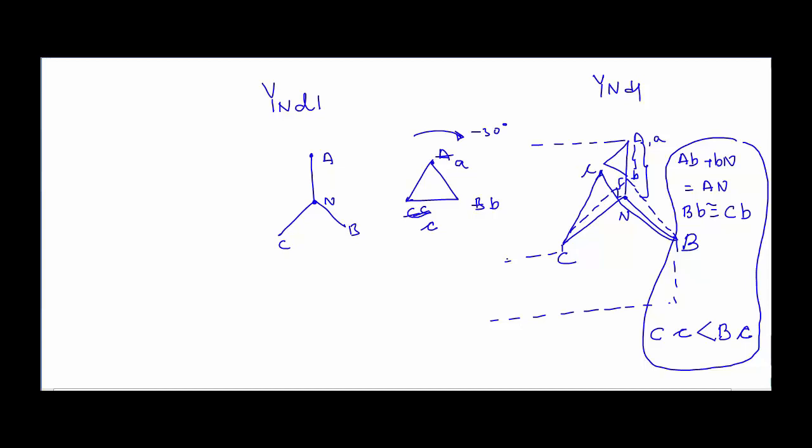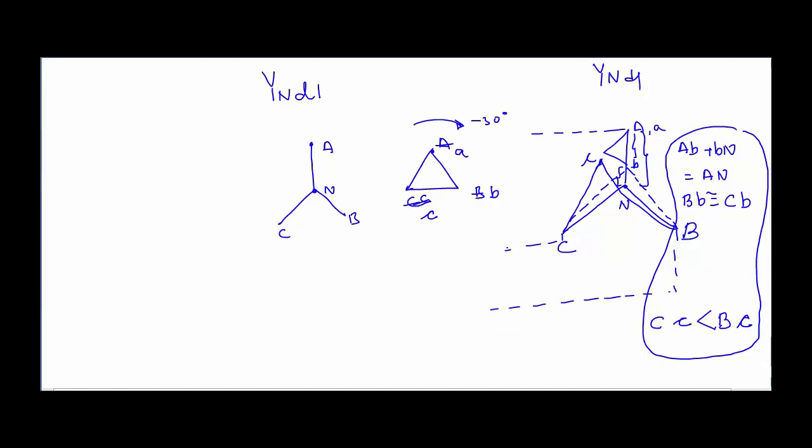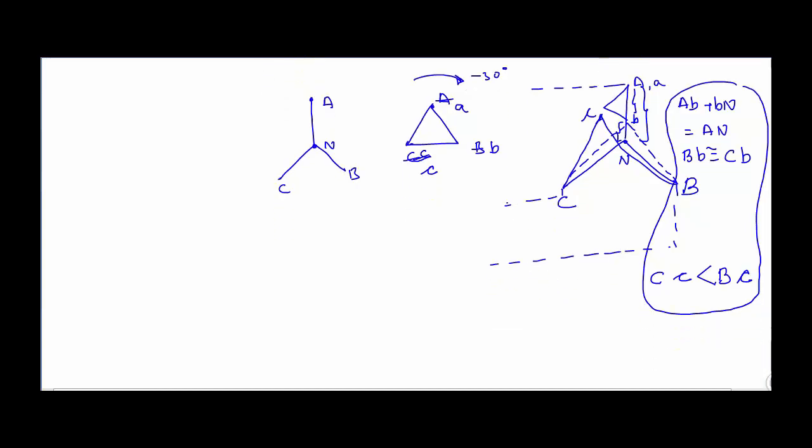Now suppose that the vector of the transformer is Y and d11. Then we have star in this way, and we have delta connection in this way. This is capital A, capital B and capital C, and this is small a, small b and small c. Now we are going to short A and A together.